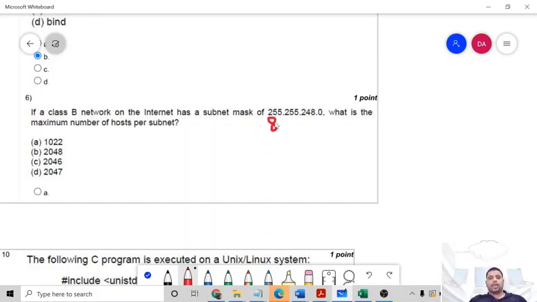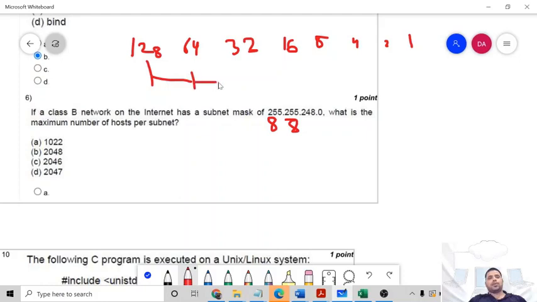This is 8 ones, 8 ones, and here in 248 you have 128, 64, 32, 16, 8. When you add 128 plus 64, 192 plus 32, 224 plus 16, 240 plus 8, it is 248.